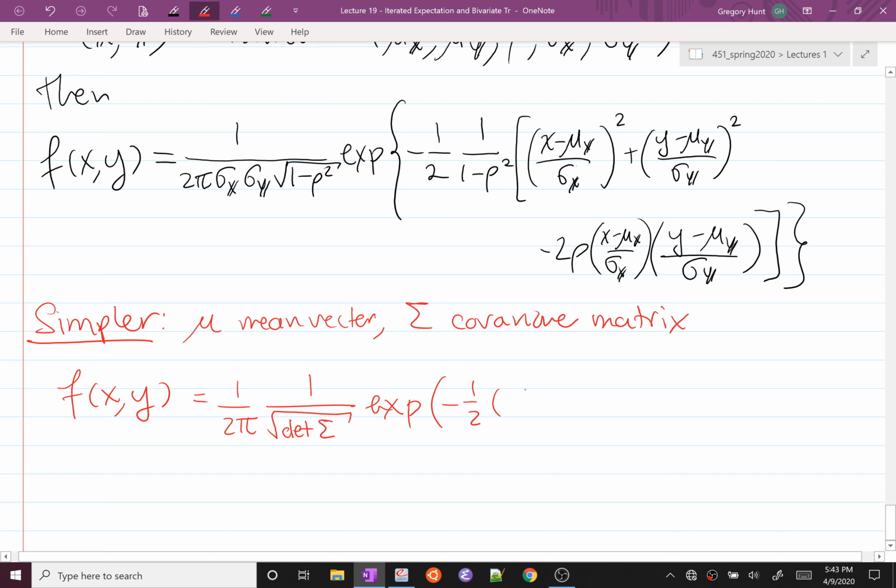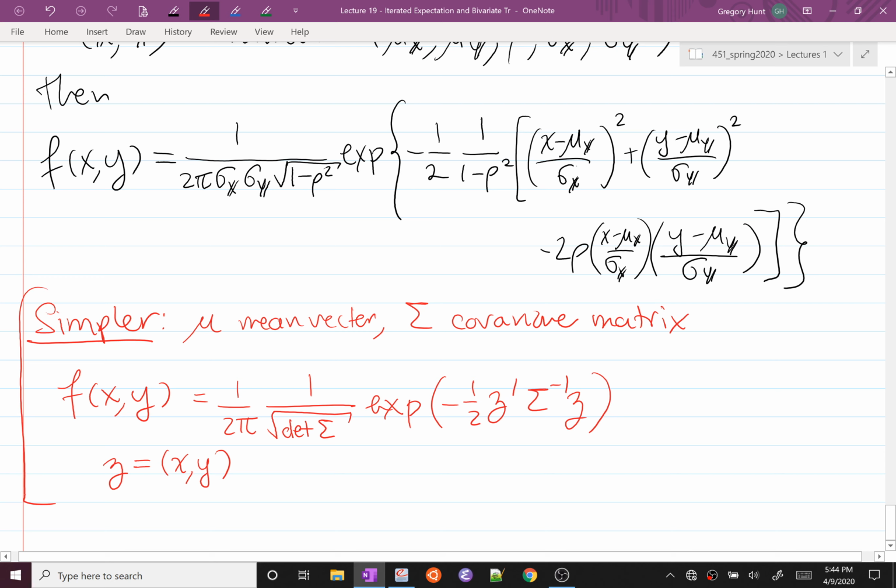Let's call z equal to x comma y. I can write this very simply as z transpose, sigma inverse, z.